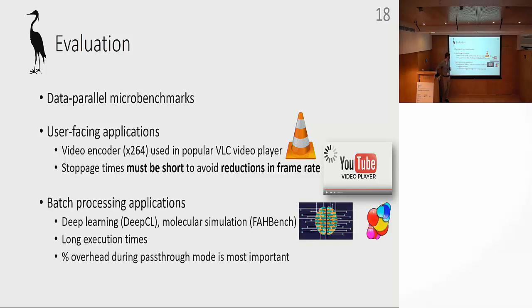We also have batch processing applications, where really you only care about the total job time. So the percentage overhead during pass-through mode is the most important. For instance, if you had a 20-hour long job and you had a consistent 5% overhead, that would add an entire hour to your compute time, so that wouldn't be very good.